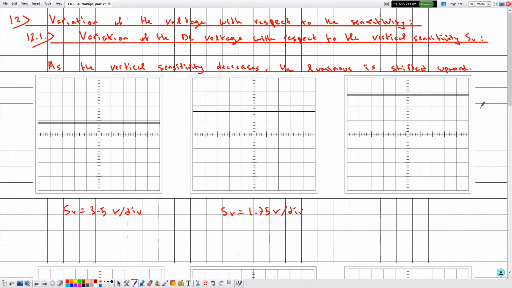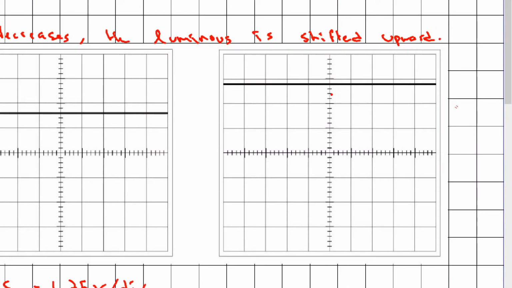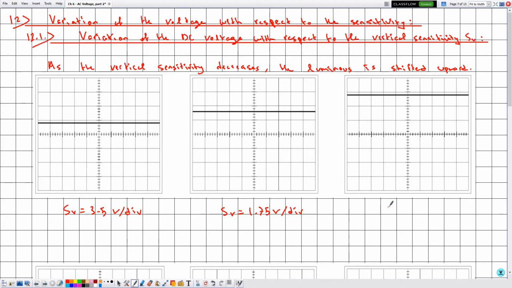And in this case, the value of y is 2.8, when the vertical sensitivity is 1 volt per division.